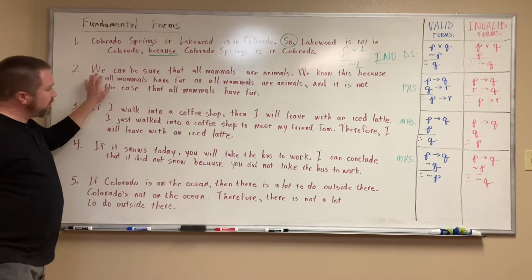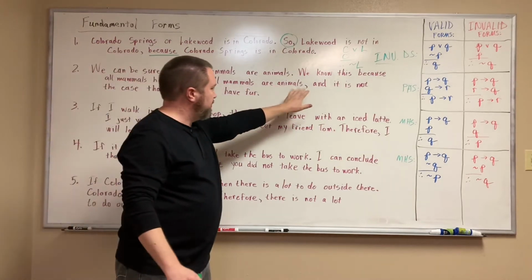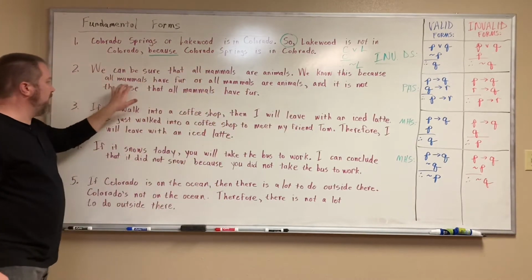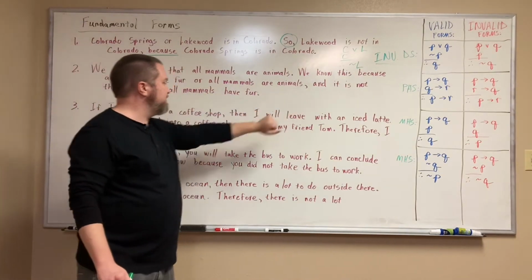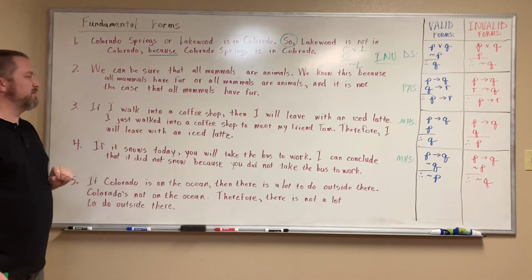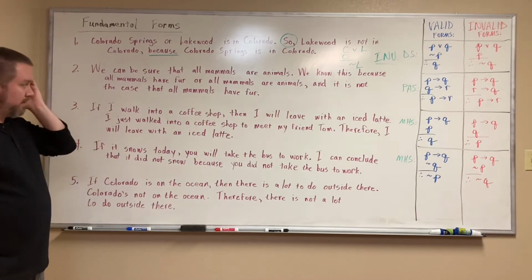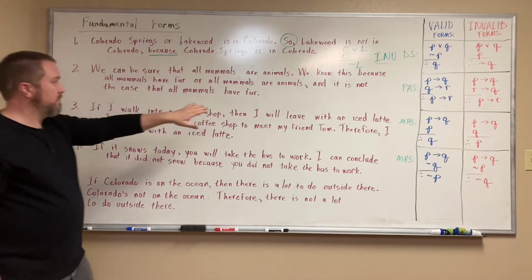Second one, we can be sure that all mammals are animals. We know this because all mammals have fur, or all mammals are animals, and it is not the case that all mammals have fur. So again, let's look at our indicators.